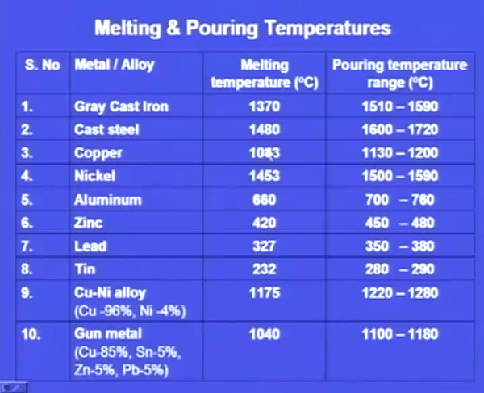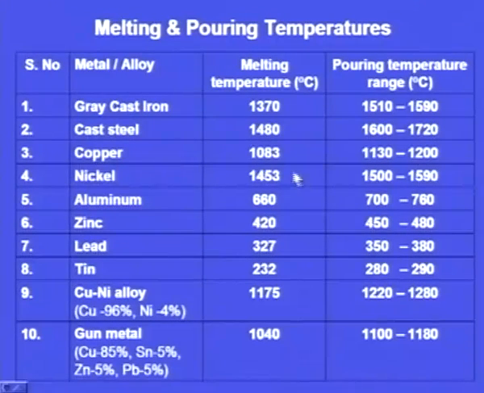And for cast steel, the typical melting temperature is 1480 degrees centigrade, and the pouring temperature is 1600 to 1720 degrees centigrade.